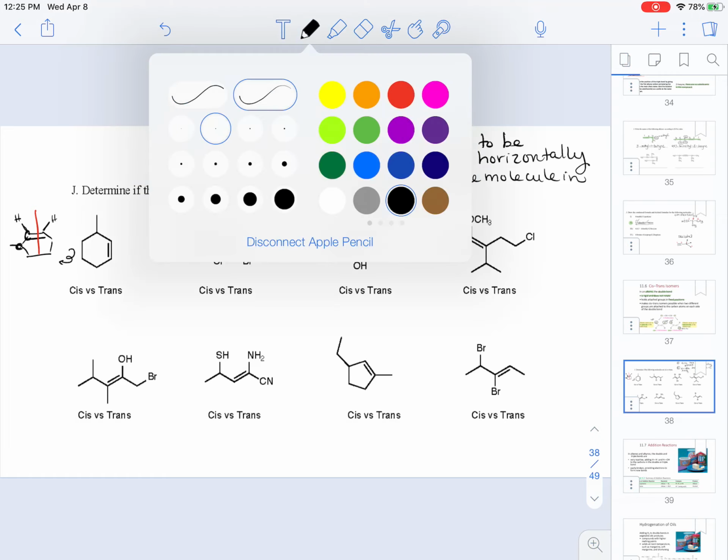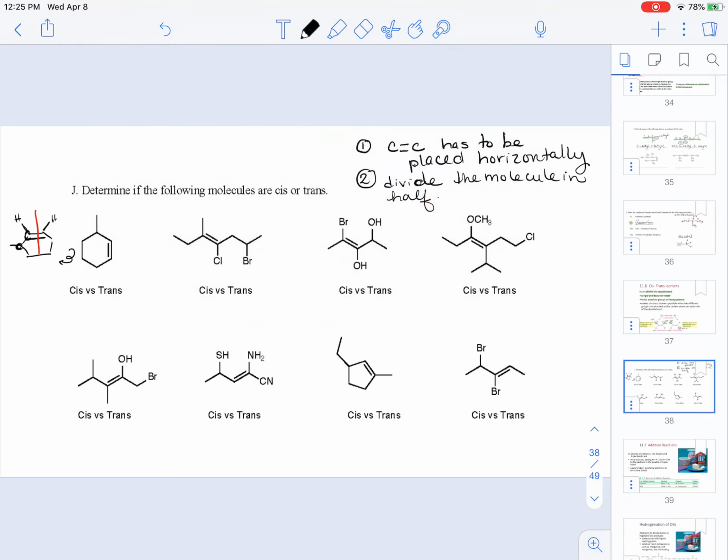So the third rule, which I'm going to write up here, is: determine high priority atom versus low priority atom.